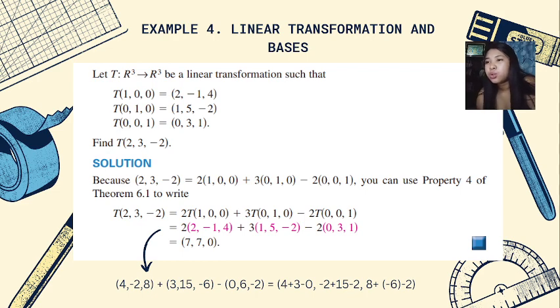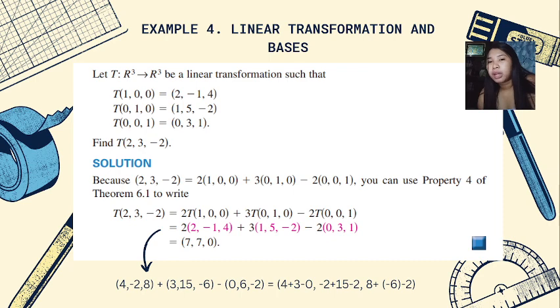Because (2,3,-2) is equal to 2 times (1,0,0) plus 3 times (0,1,0) minus 2 times (0,0,1), you can use property 4 of theorem 6.1 to write this.